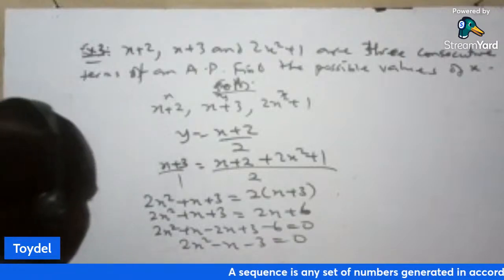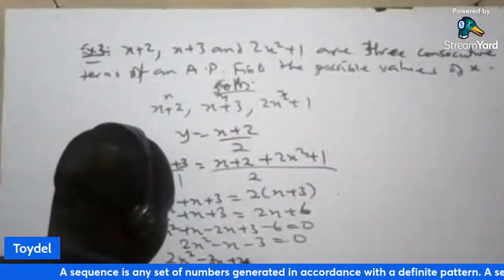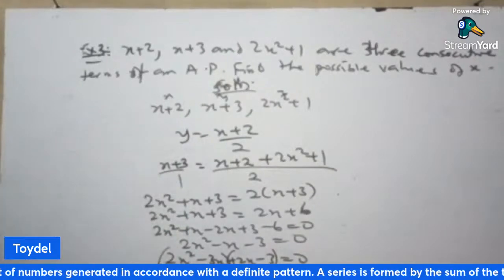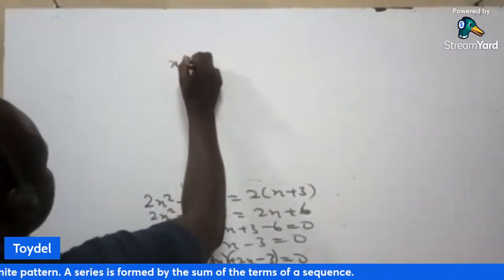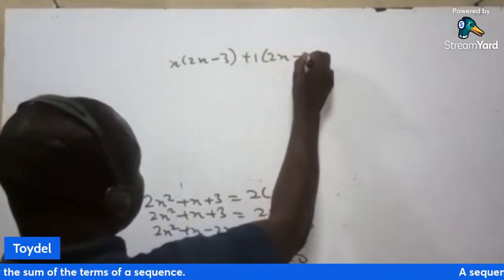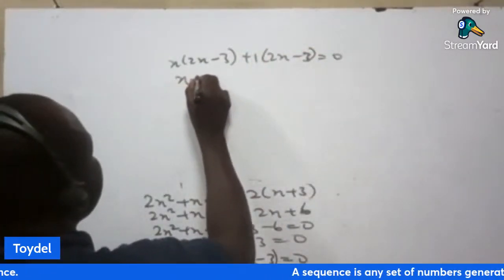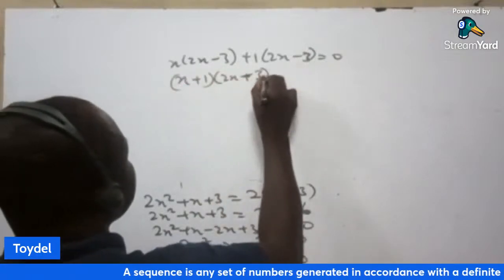So of course, we can factorize this to have 2x squared minus 3x plus 2x minus 3 equal to 0. Let's do the grouping. x is common in the first bracket, so I'm going to have x into 2x minus 3. Then plus 1 is common in the second one, 2x minus 3 equal to 0. So here I'm going to have x plus 1, then 2x minus 3 equal to 0.